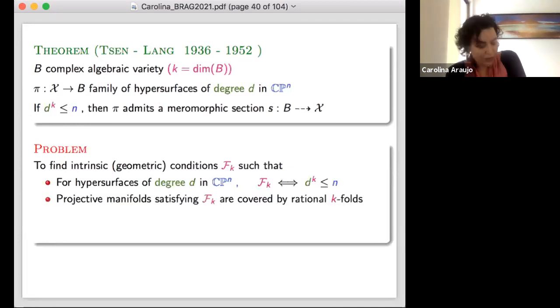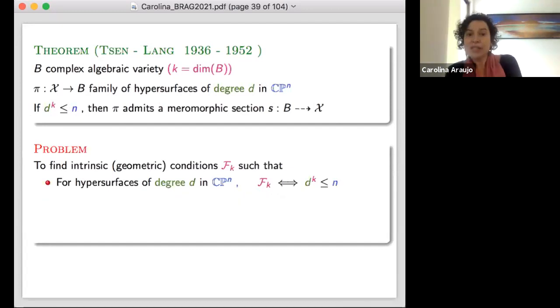So the problem is to find some intrinsic geometric conditions, which I will denote by Fk, sort of standing for higher Fano conditions, such that for hypersurfaces of degree d in projective space, our condition Fk be equivalent to the condition in the Tsen-Lang theorem, that d to the k is less or equal than n. And we would like to generalize previous results about Fano varieties.